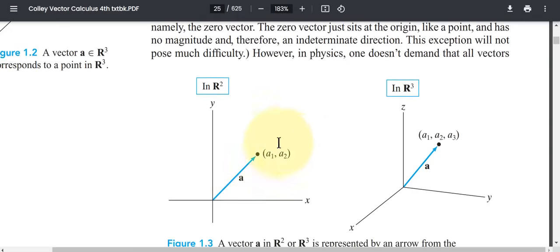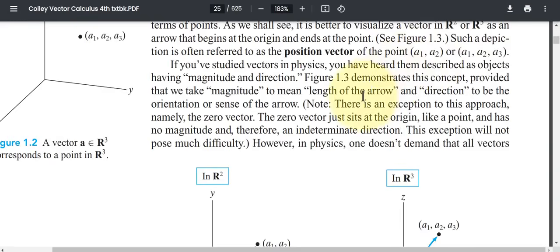So if we had a different point, it could have a different angle if it was over here, and it could have a different length as well. So each vector has a magnitude and a direction. And she says just one quick warning. She says there's an exception to this approach, namely the zero vector, because we did talk about the zero vector. So what are we going to say about the angle of the zero vector?